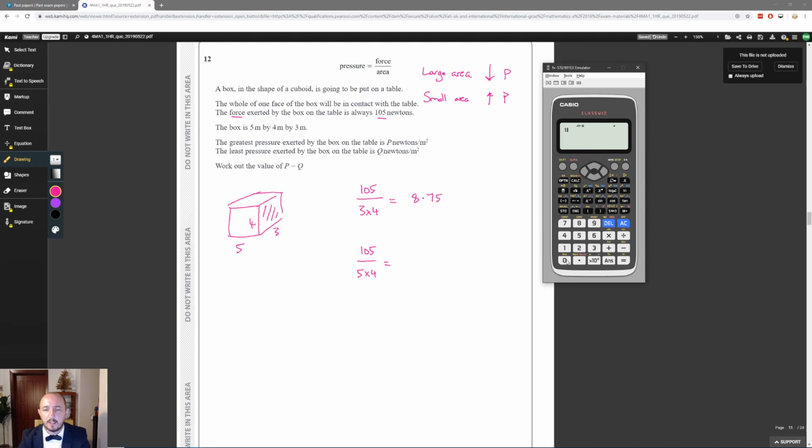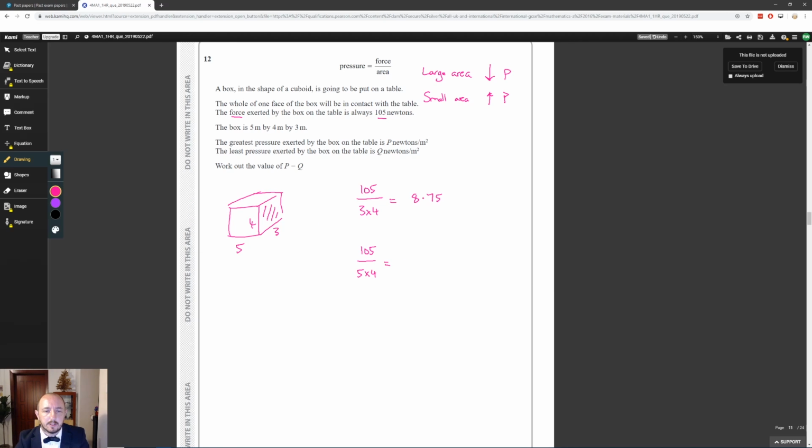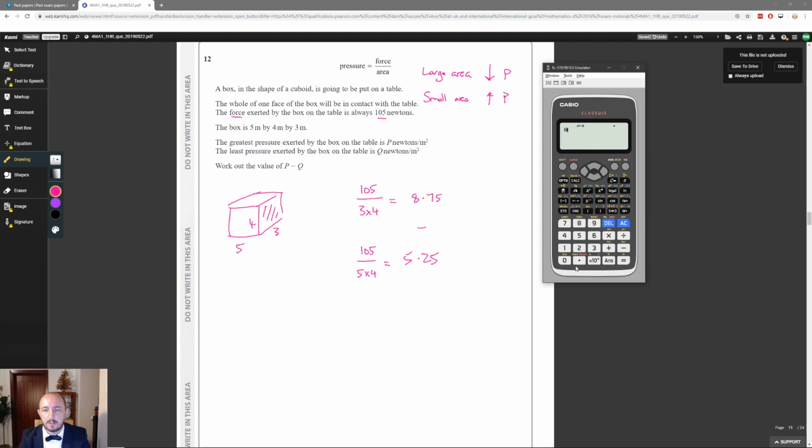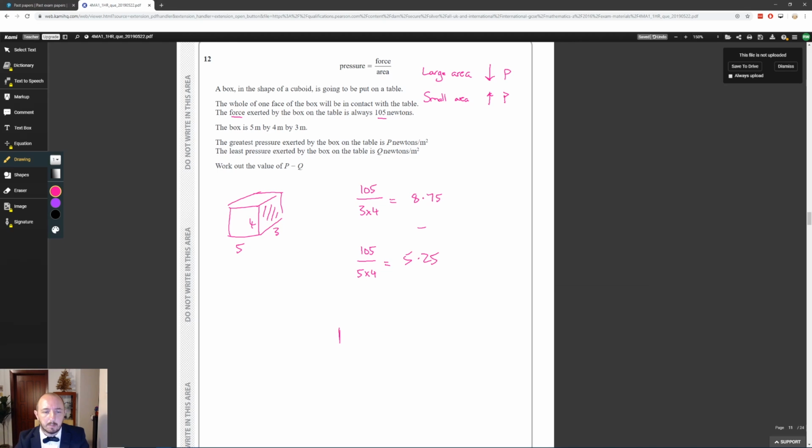And 105 over 20 is 5.25. So that's the largest pressure and the smallest pressure. So the difference between these, P minus Q, I would subtract those, so 8.75 minus 5.25 gives us 3.5. So P minus Q is 3.5.